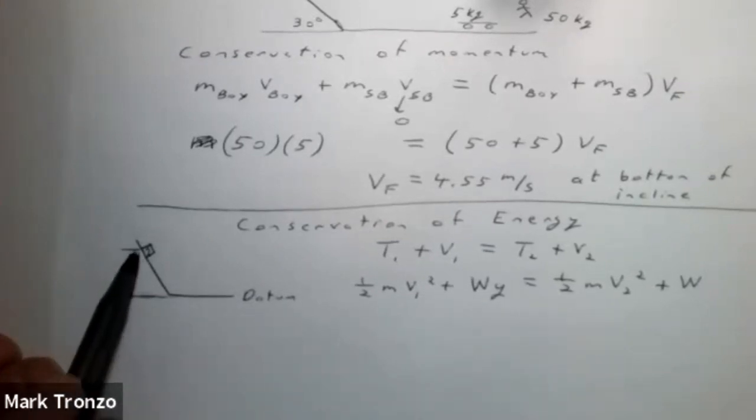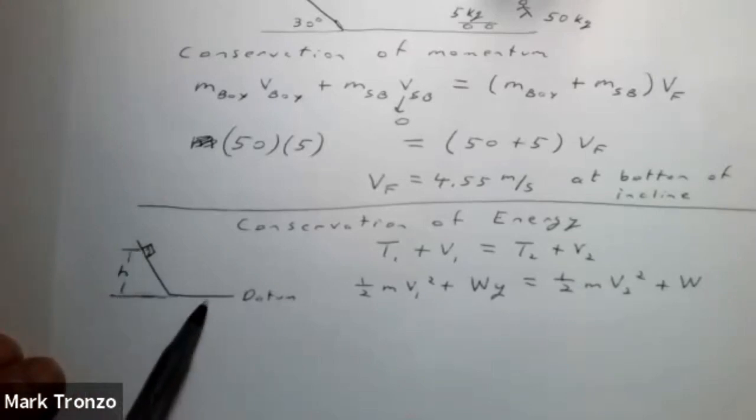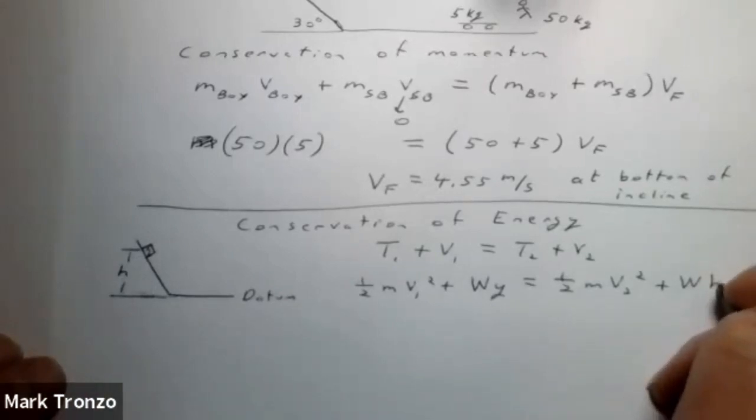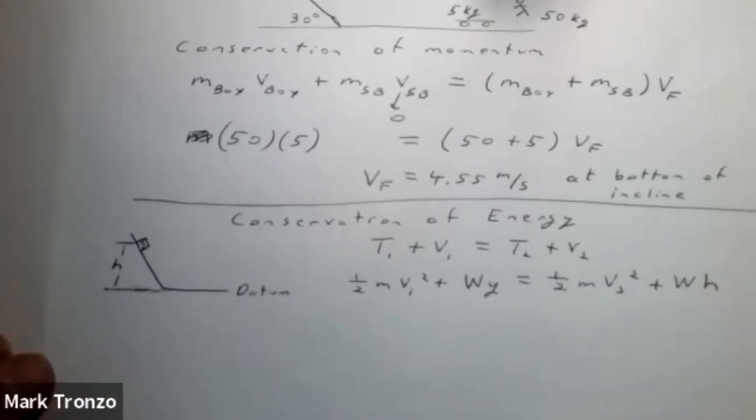So in other words, when he gets up here, that's what we're looking for. We want to see what this h is. So we'll use h for that distance from the datum line.